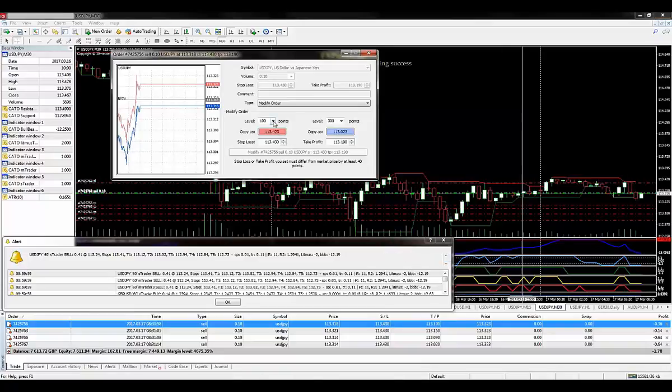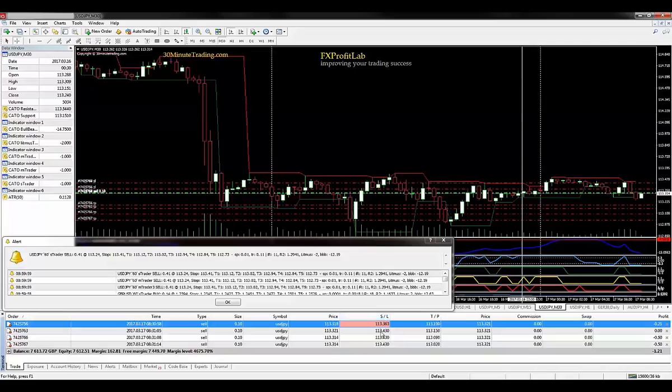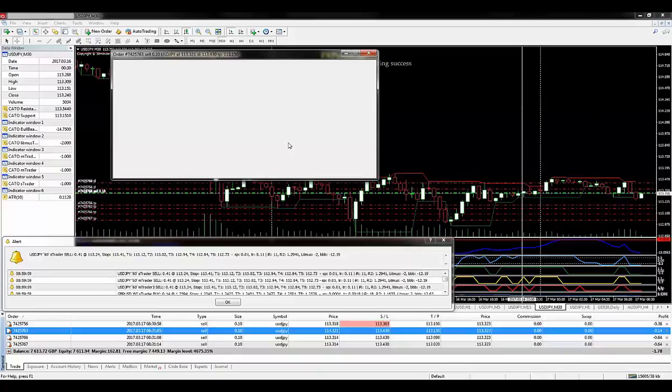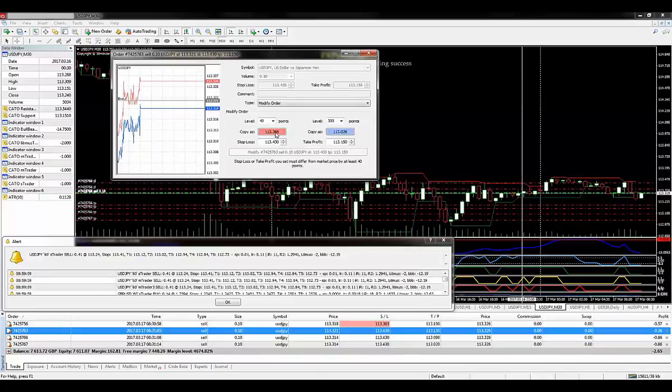And I want to get it as close as I can, 3.6. Okay, so 3.6 I'll have. It's just a process of going through and setting it all up.